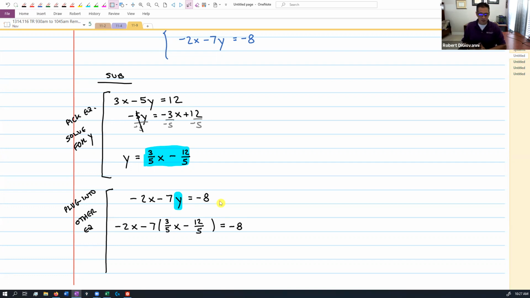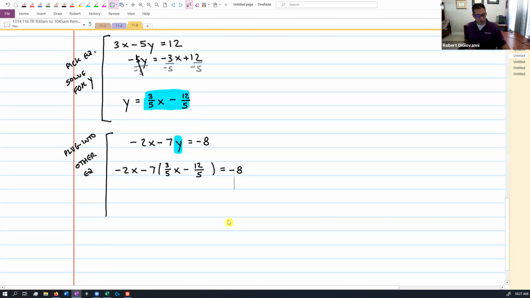It's faster, it's easier. Sometimes elimination is the better way. So I just don't want you to box yourself into, you know, what do they say? Paint yourself into a corner. I don't want you to be like, oh, I only do substitution. And then you get to a problem like this and you're like, oh crap. Right? It's just, there's a lot going on here. Do y'all see that?